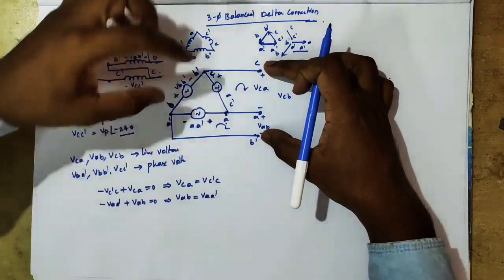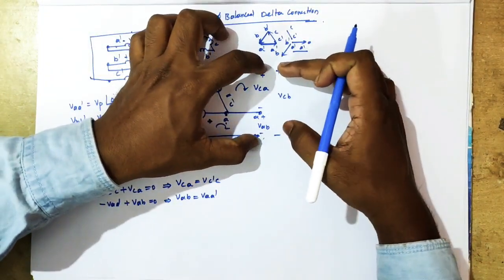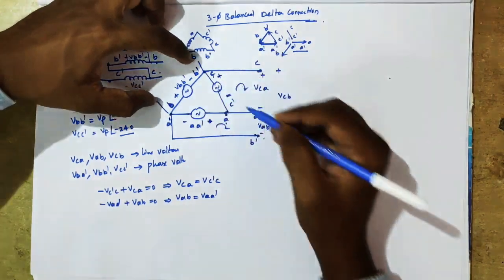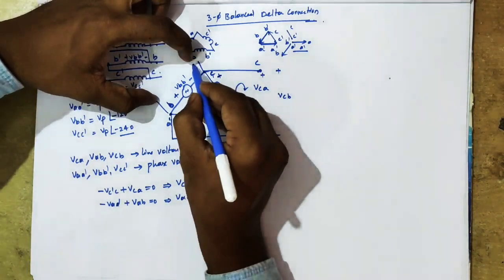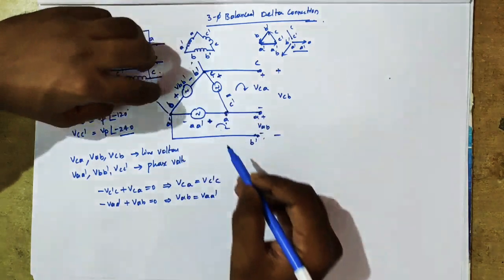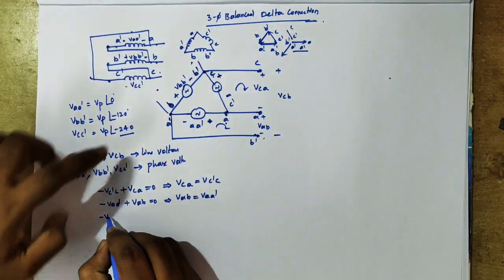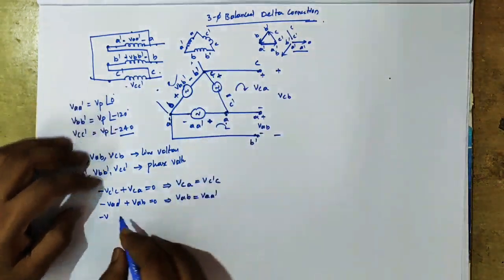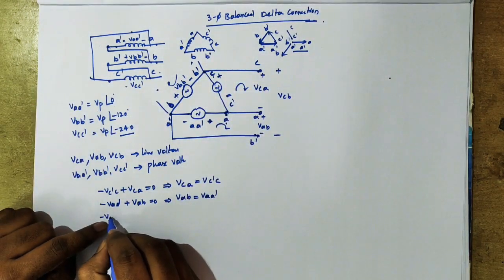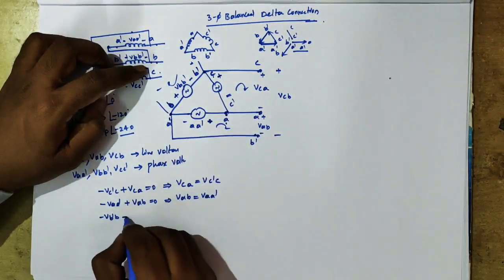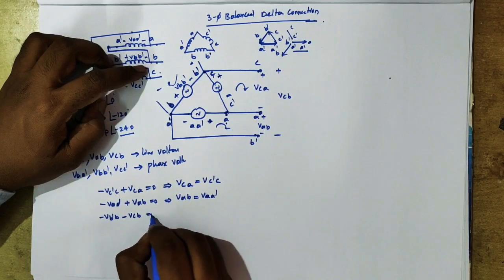Similarly it happens for the remaining voltages. VCB means the voltage across these two. Again, drawing the loop here, we get minus VB'B plus minus VCB equal to 0.